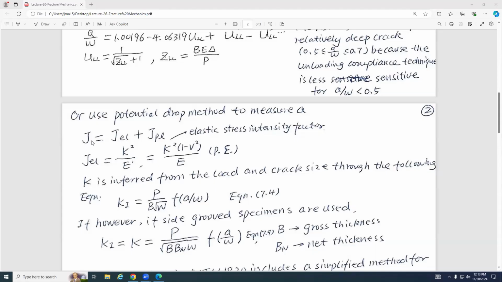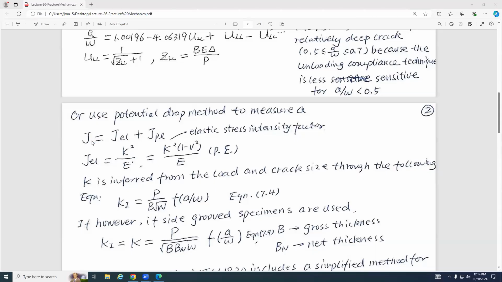Effective Young's modulus. As I said, when we do the experiments to get GC and KC, we need to use plane strain, right? Underscore this one, plane strain. If we use a very thin sheet, the results will not be reliable, and we need to use a thick plate.